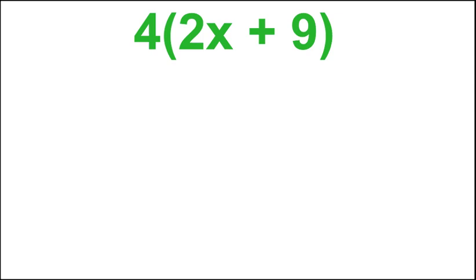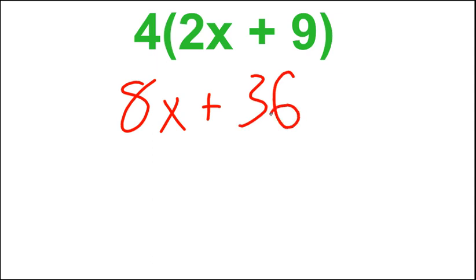So then, not a whole lot more complicated. Still distributing a 4. So I distribute that 4. What do I get for this one? 8x plus 36 is what we end up getting.